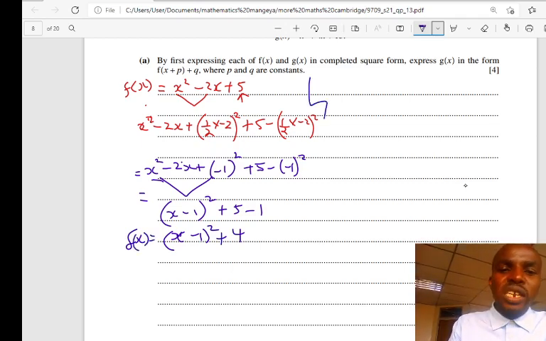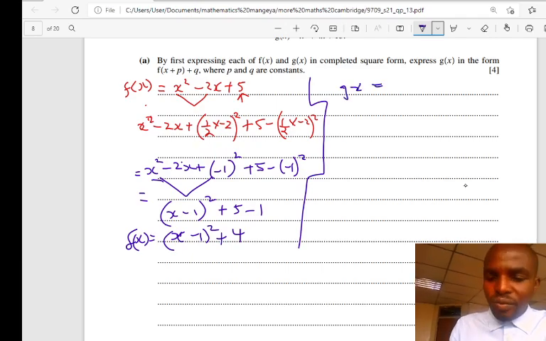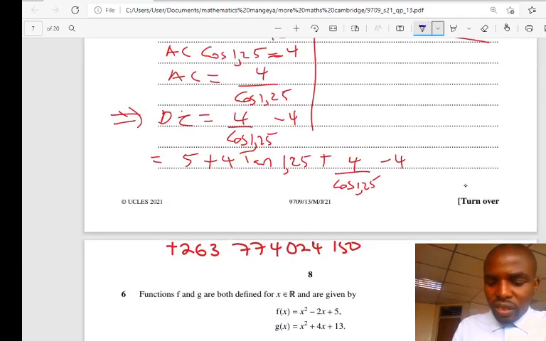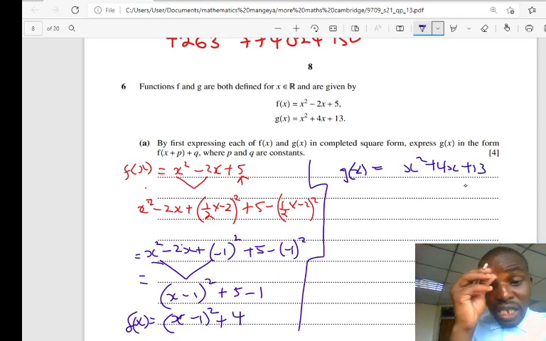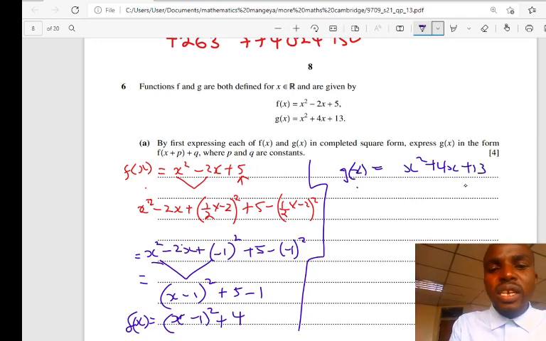Now let me take g of x. What is our g of x? It's x squared plus 4x plus 13. The same concept of completing the square. There is x squared plus 4x.